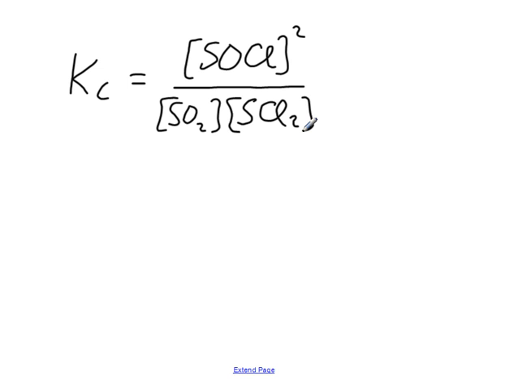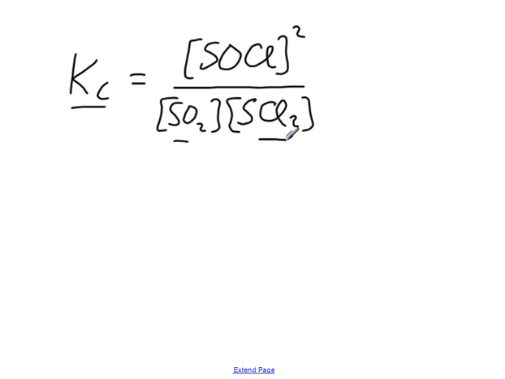So products on top, the reactants on the bottom, the SOCl2 is being squared because it had a 2 as its coefficient in the balanced equation, and these guys are to the power of 1 because they had 1s as their coefficients. And if you look at this carefully, you realize we know the Kc value, and we know the 2 bottom concentrations, and the question's asking us for the top one.